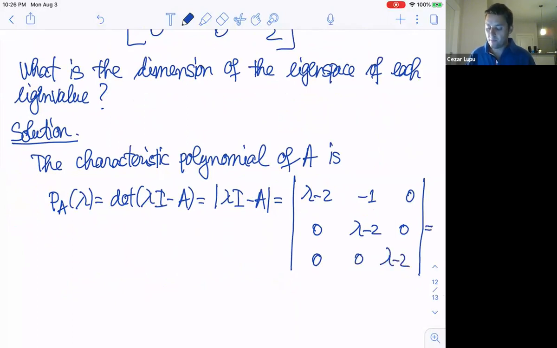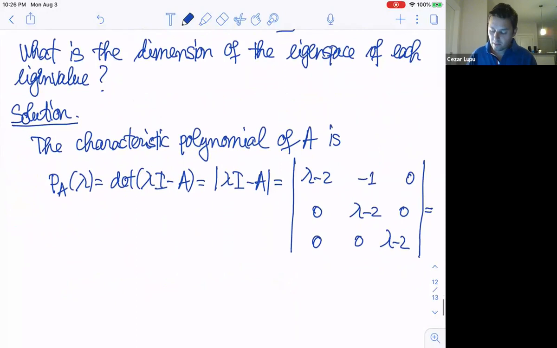Once we compute this determinant, it's kind of easy to see its value, and I'll leave it to you as an exercise. It's lambda minus 2 cubed. As you can see, this matrix is triangular, and we have seen the determinant of triangular matrices a long time ago in chapter 3.